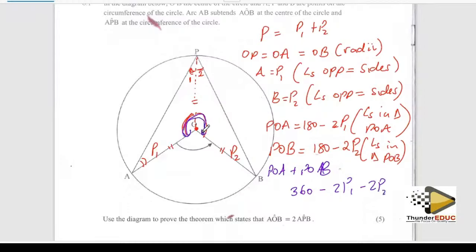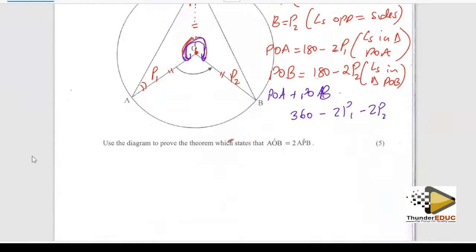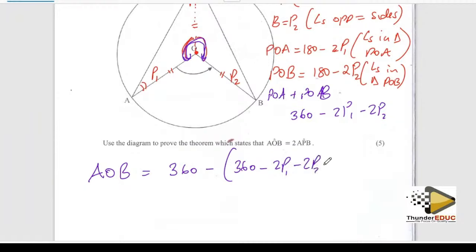Just the sum of this. And then for me to get my A or B, A or B is going to be 360 minus whatever I got here. This is 360 minus 2P1 minus 2P2.